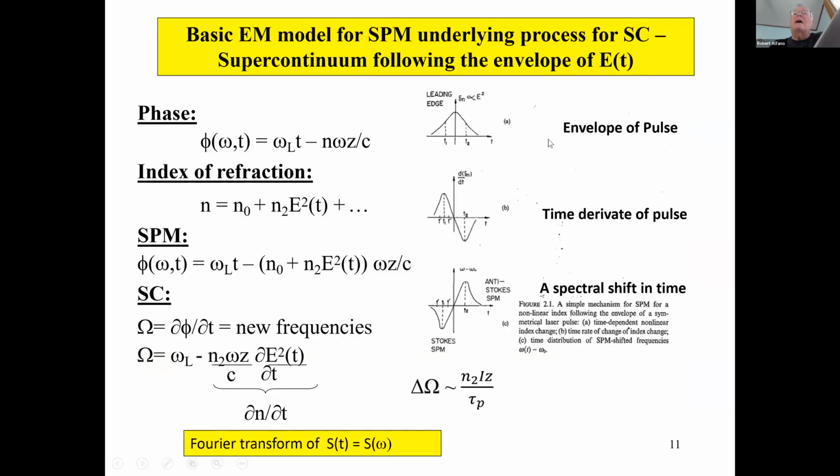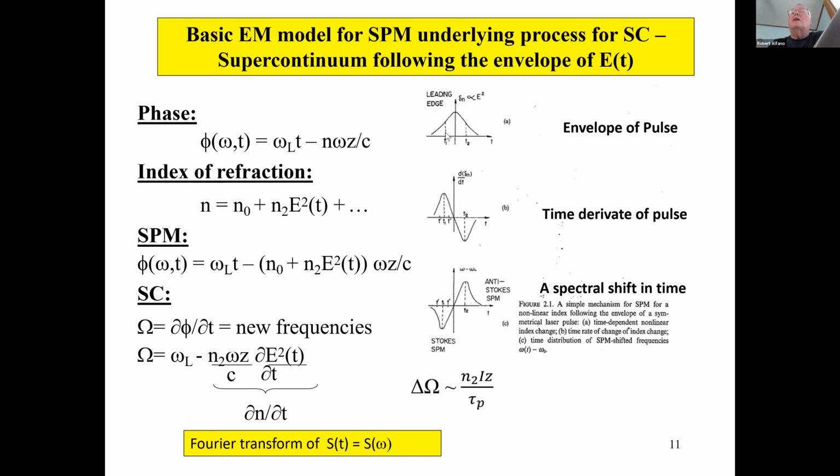The underlying basic mechanism of supercontinuum is shown in this slide, where the phase of the wave, as I said before, is given by omega t minus n omega z over c, and the index of refraction, as we said by Kerr, is n0 plus n2 E squared. You put the index of refraction into the phase, and we get the phase of the wave given by omega t minus n0 plus n2 E squared. The derivative of the phase is the frequency, a new frequency, which gives the supercontinuum broadening.